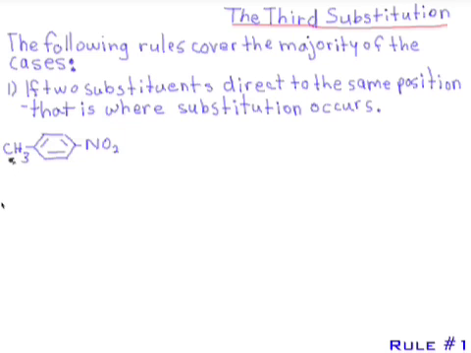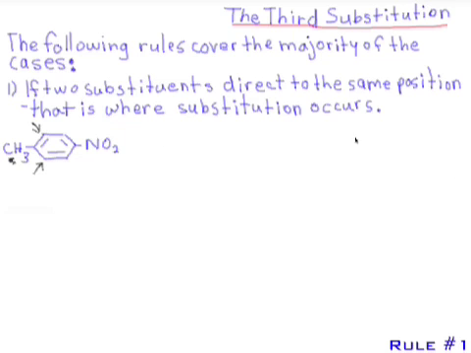Methyl directs ortho-para. Now you can't substitute for a nitro group. Nitro is already occupying the para position. In electrophilic aromatic substitution, the leaving group is hydrogen. There is no hydrogen in the para position, so we cannot do para substitution. That means the methyl is just left to direct ortho. So it's directing here or here.